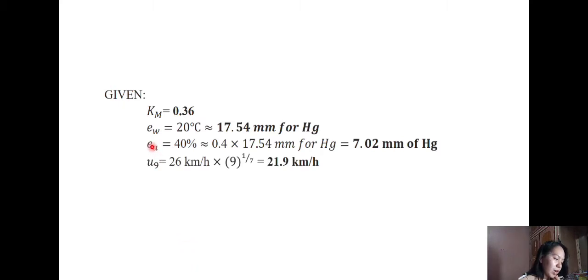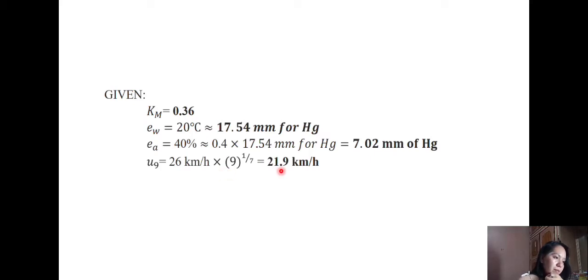It is given that our Km is equal to 0.36. Again, Km denotes the coefficient accounting for various other factors, and E sub W, at 20 degrees Celsius, is 17.54 millimeter of mercury. Here, E sub W is the saturated vapor pressure at the water surface temperature in millimeter of mercury.